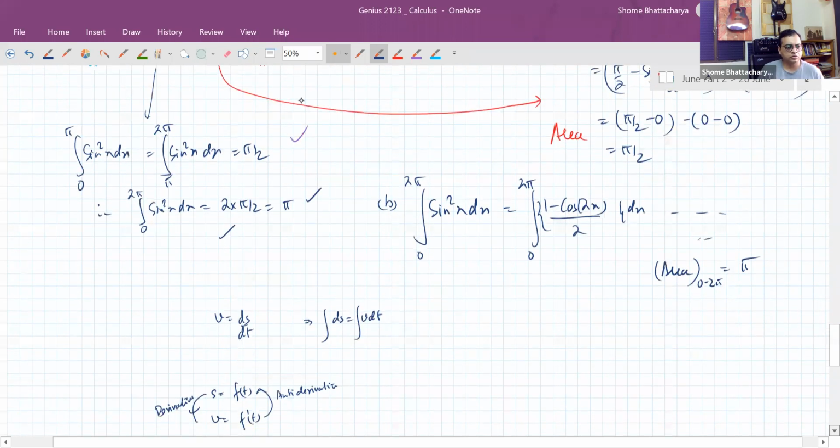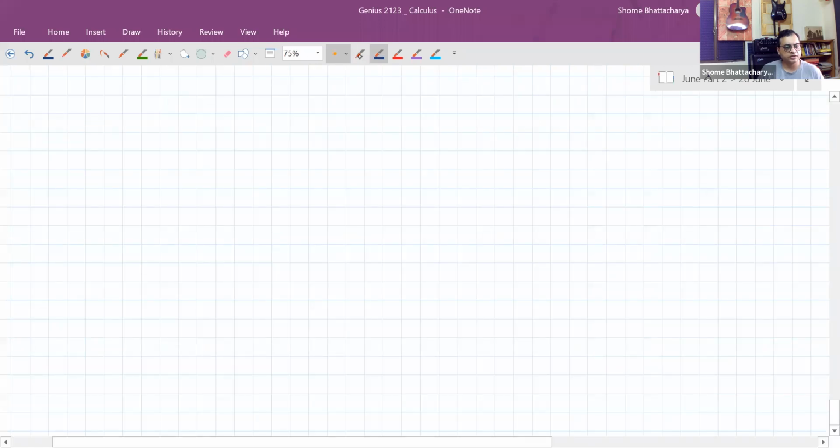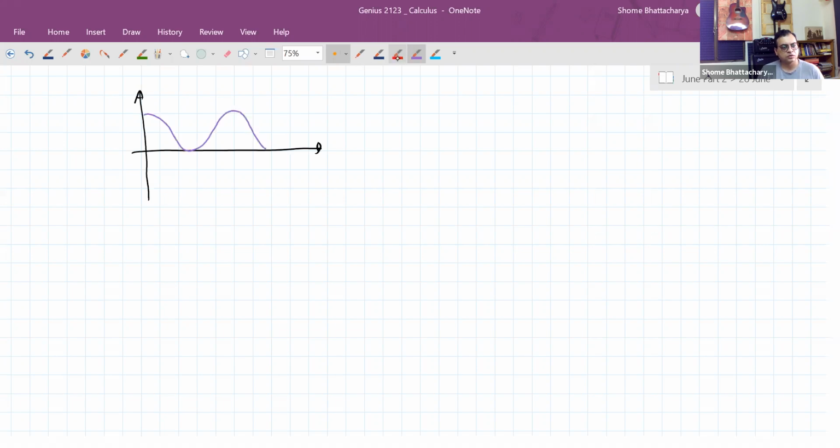Okay, so just wind this up with the comparison of the two things again. If you look at the cos square graph, it's like this between 0 and pi.